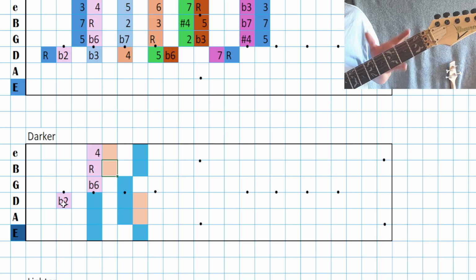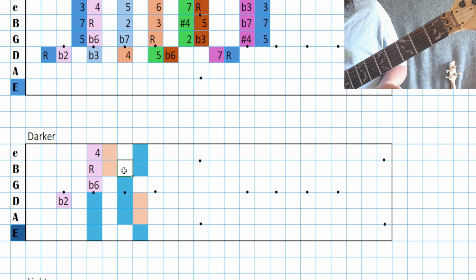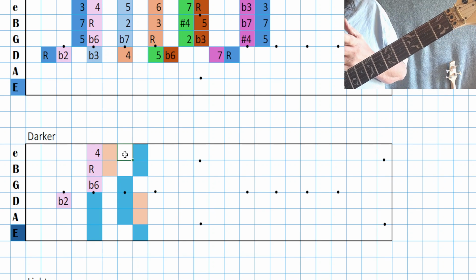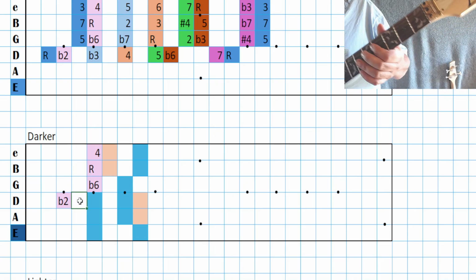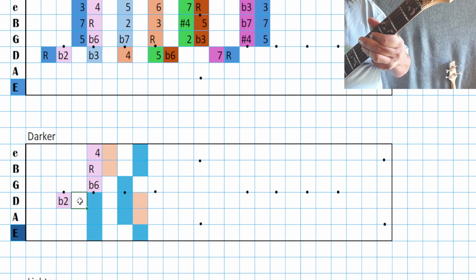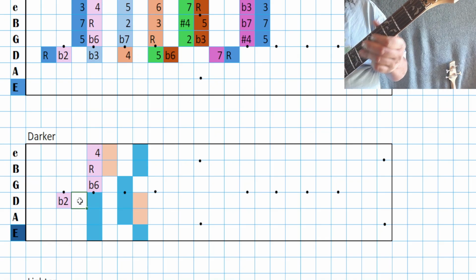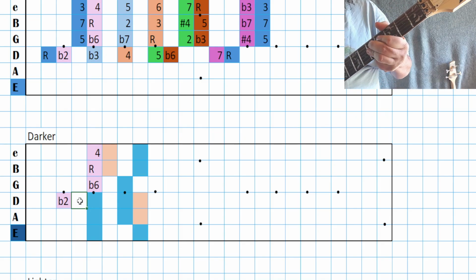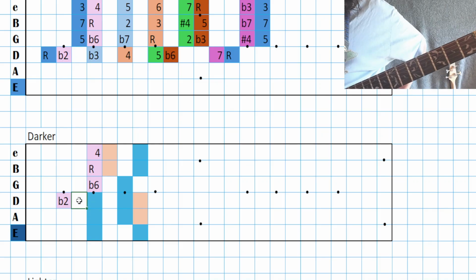If I do want to make that alteration and play this scale up here, we'll call this the brightest scale, because both of them would be on the brightest side. Then I would move this up here, so I would have my root here, and you would have that sound available there for Dorian.